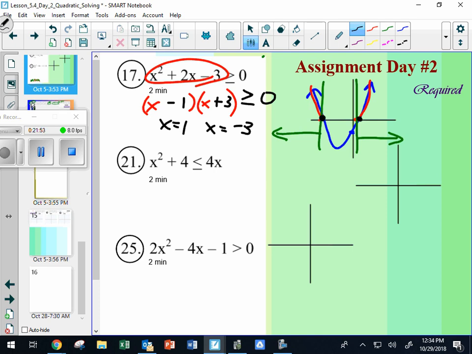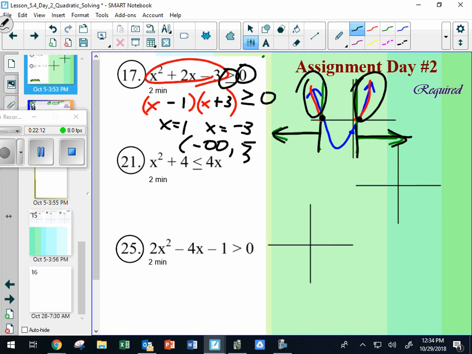Those are the roots. Now, where is this parabola bigger than 0? In that zone and that zone, which is from here over and from here over this way. What I'd do is answer like this. I'm not going to say all the answers. Anyway, you figure out how to finish it from there.